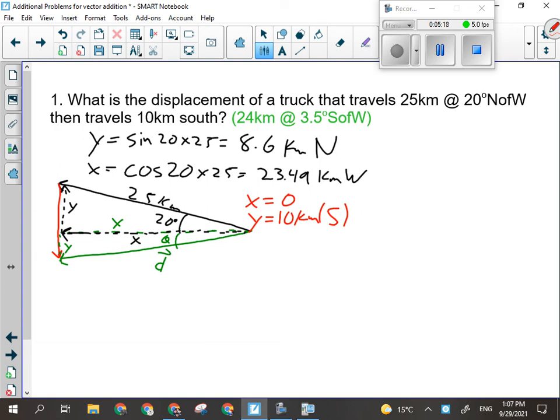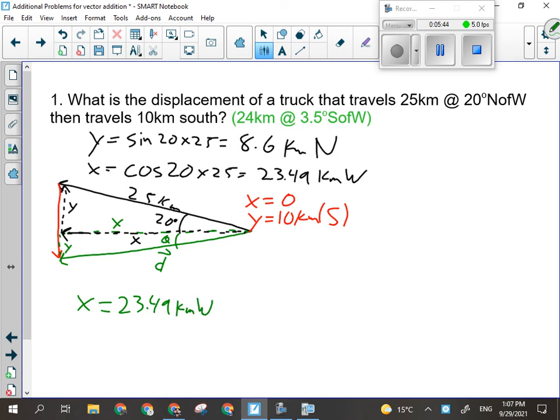Okay, so our next step then is to calculate green x, my resultant's x. Well, that's really easy. The only time in this whole trip where we went east or west was in the first vector. So this 23.49 kilometers west is all I do on the x-axis. Therefore, green x is 23.49 kilometers west.